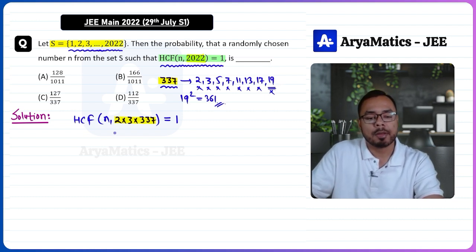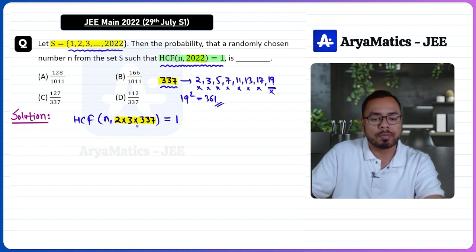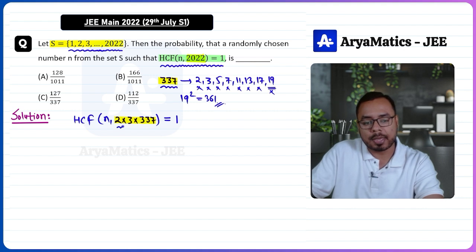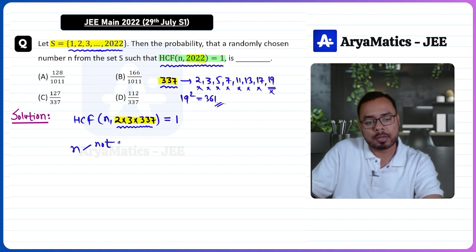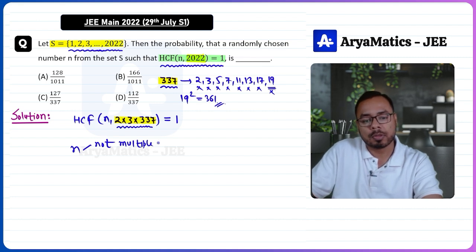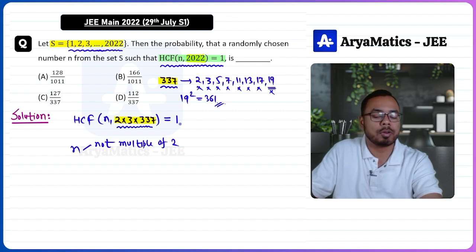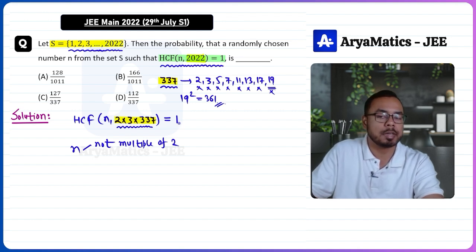Now here, if HCF of n and this number is 1, from this line we can conclude that n cannot be a multiple of either 2 or 3 or 337. This number n is not a multiple of 2, because if n is a multiple of 2, then obviously HCF cannot be 1. Suppose n was 2, then HCF will be 2.